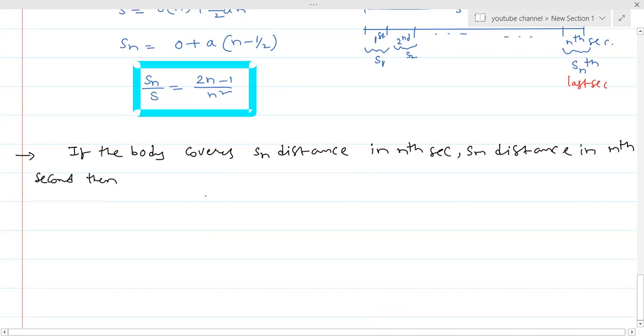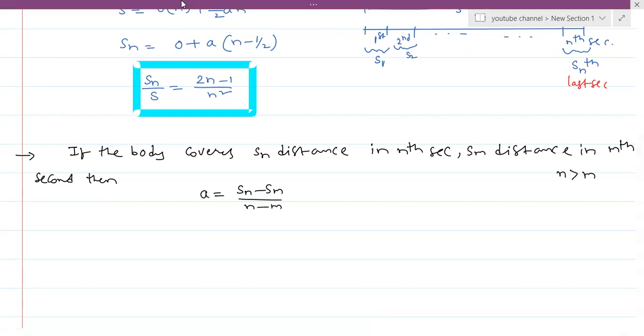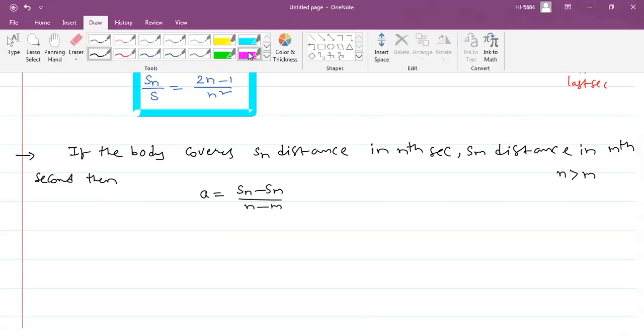Then acceleration equivalent to Sn minus Sm by n minus m. Suppose n is greater than m, we are taking.